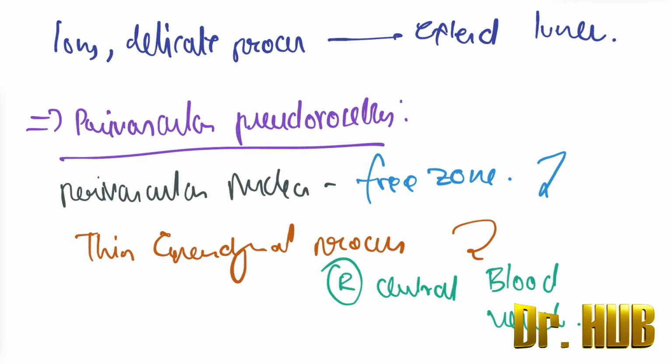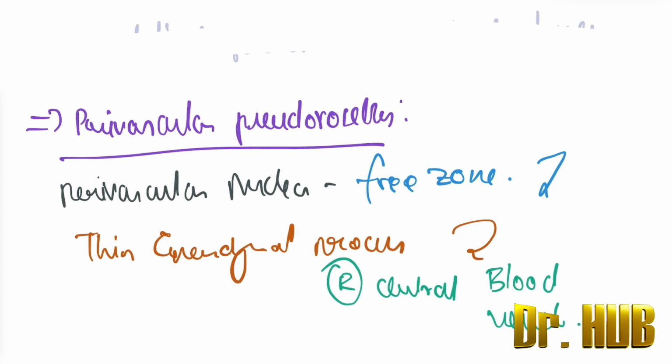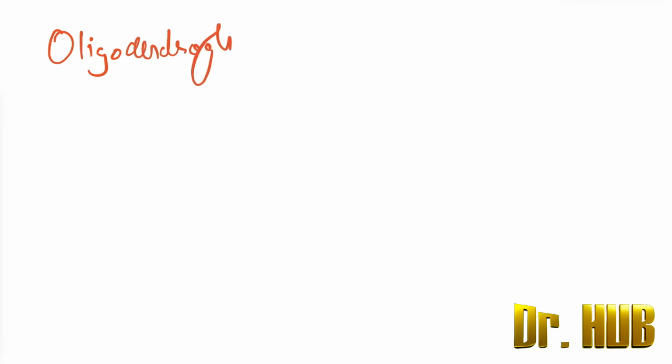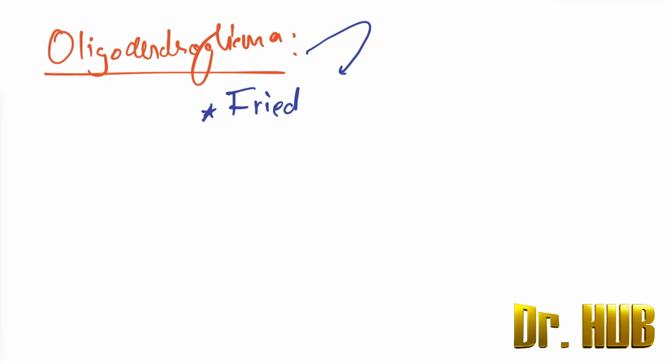Next, we move on to the oligodendroglioma. What does oligodendroglioma have? There is a fried egg appearance. What is meant by this?